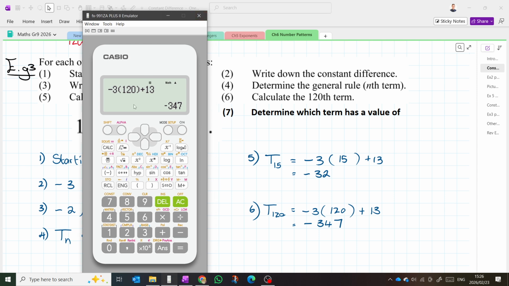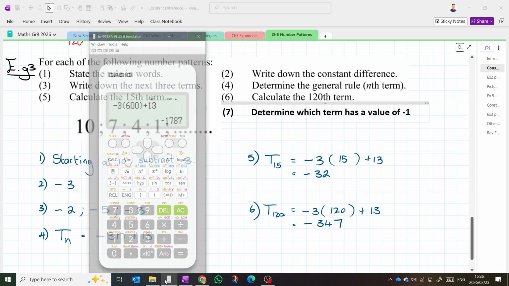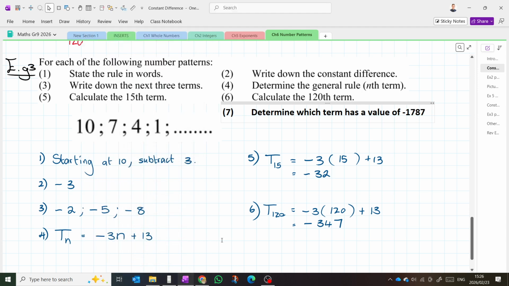Now, let me see. Negative 1787. Let's do that one. Here we go. Determine which term has a value of negative 1787.